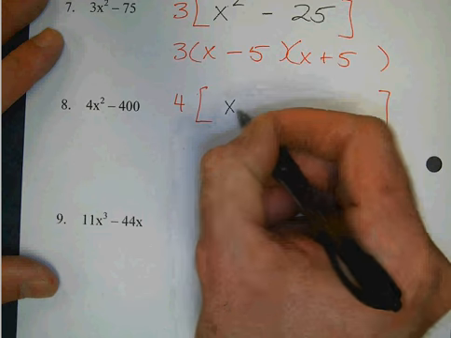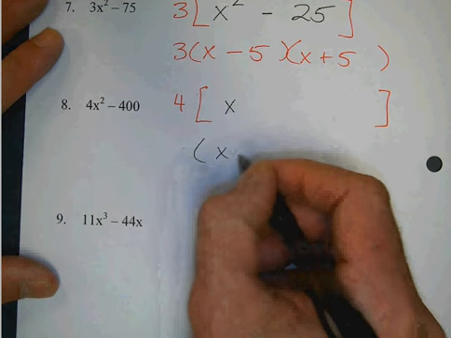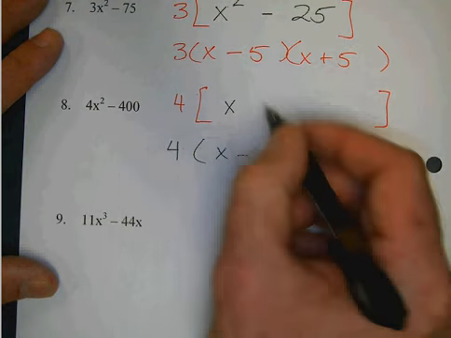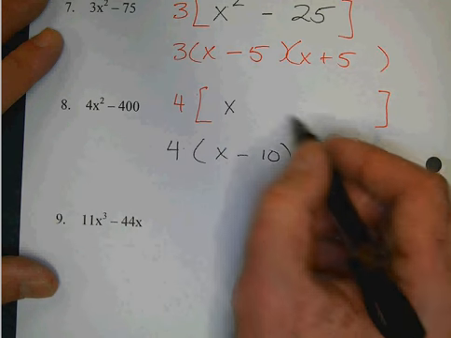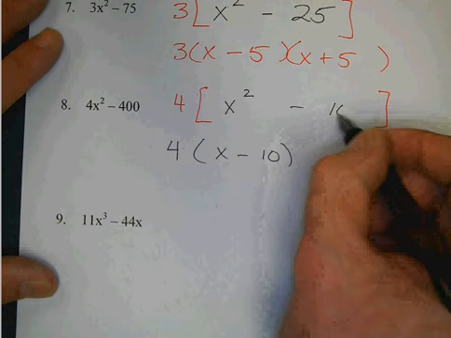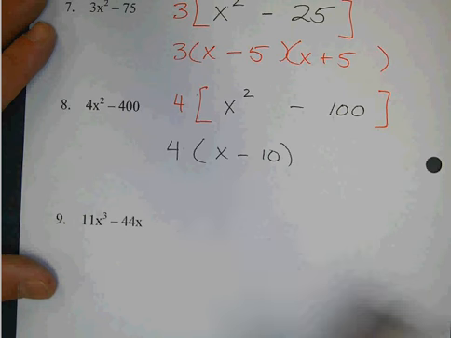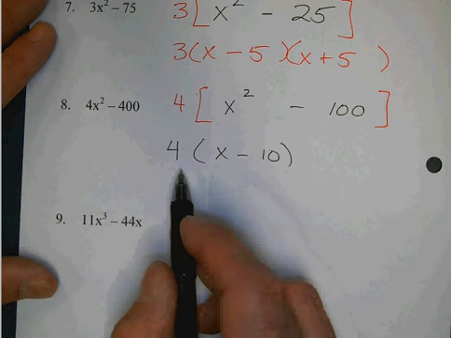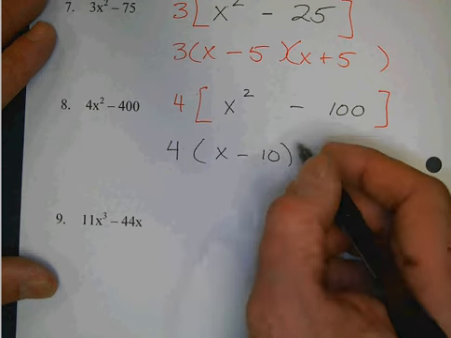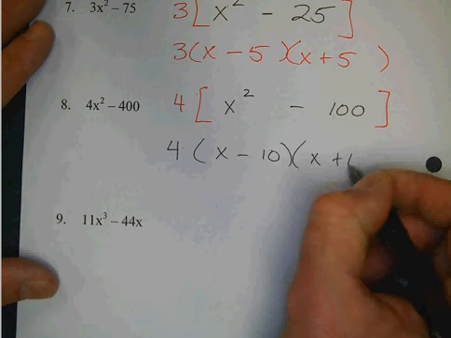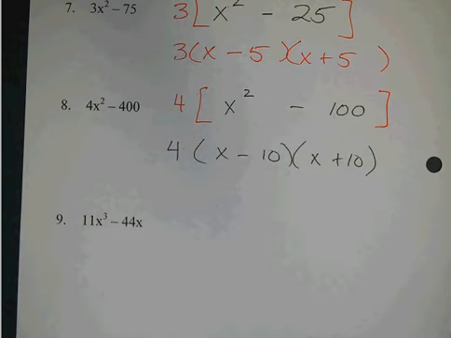X squared minus 100, okay. And she had the final answer already started. It was x minus 10 and x plus 10. So first take out that GCF, then do the second step. That's all the work there is. There's no T on the side, there's no math method, there's none of that.